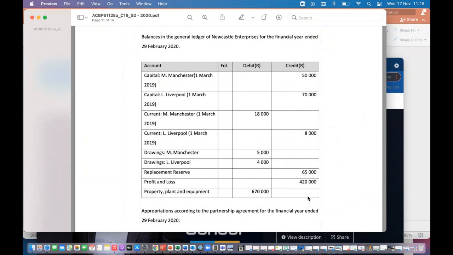I should have included that there because that's the replacement reserve from all the monies that we've had.